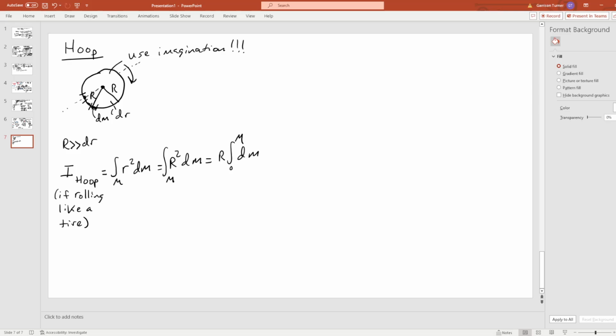And then when I add up all of those little dm's, I just get the total mass of the hoop. So this is r squared times m, most often written as mr squared. Okay? So this is the moment of inertia of a hoop about central axis.